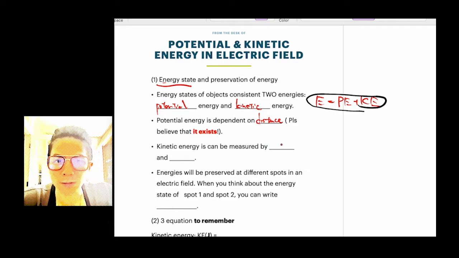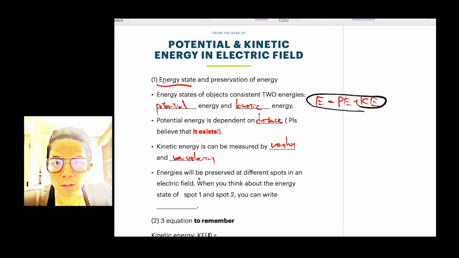And kinetic energy can be measured by weight and mass. The faster the velocity, the larger the kinetic energy is going to be, and if you have a larger weight in an object, the more kinetic energy there is.